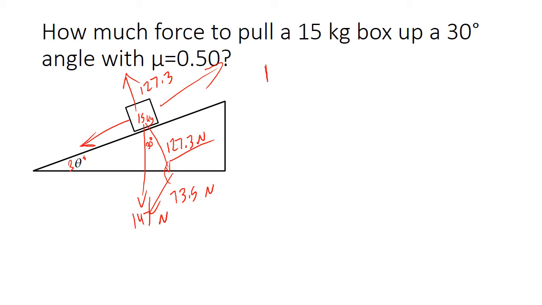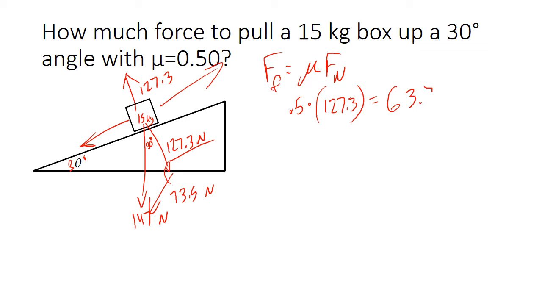So friction force, remember, is going to equal mu times your force normal. So mu was 0.5 times your force normal, which is 127.3. All right, so let's figure out what that is. So that's going to be 63.7 newtons. Ta-da!